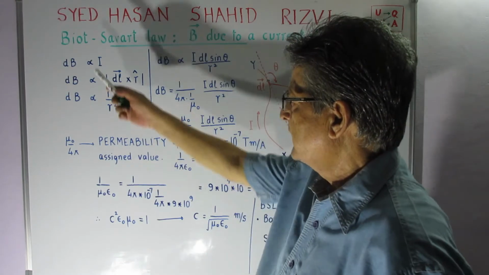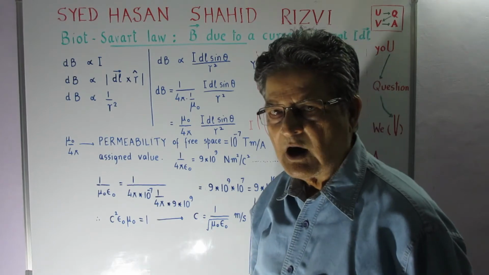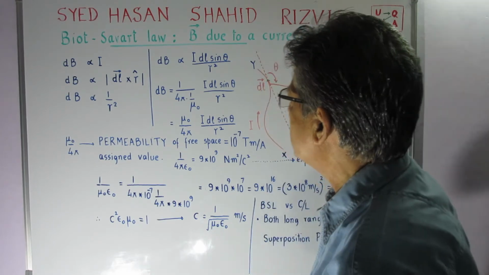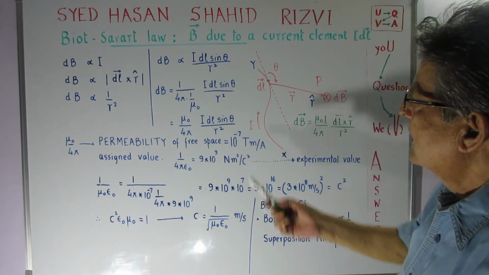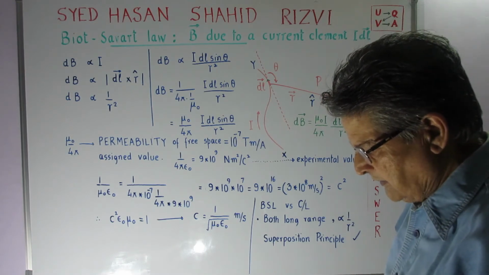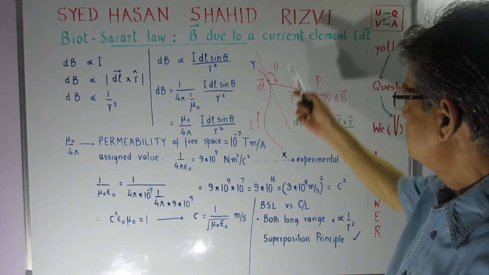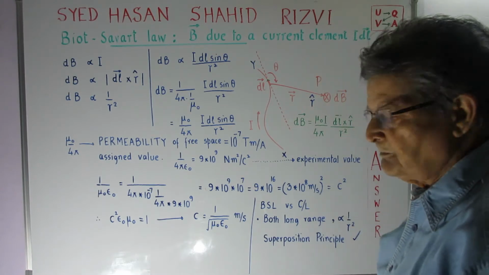But being French, their names are pronounced Biot-Savart Law. Okay. It gives us an idea to calculate the magnetic field due to a current element IDL. Okay.